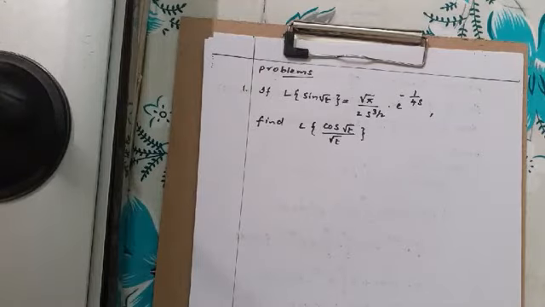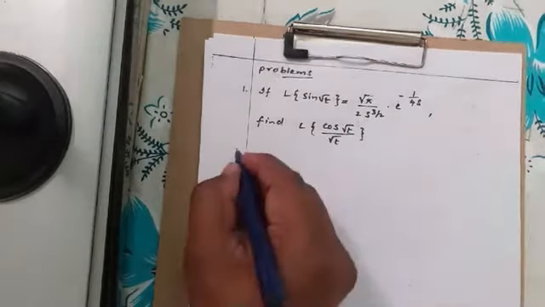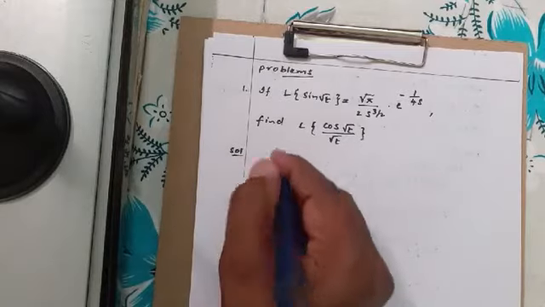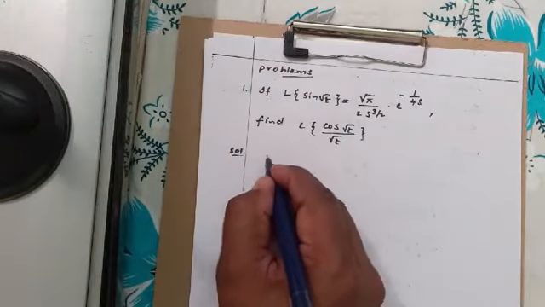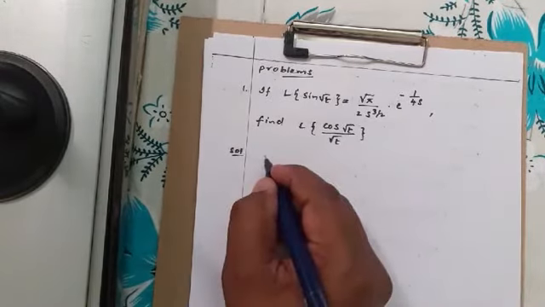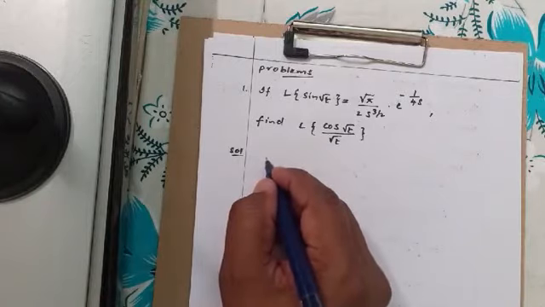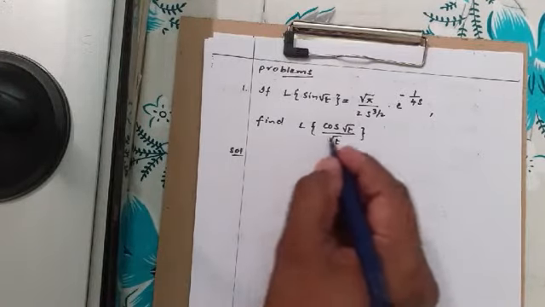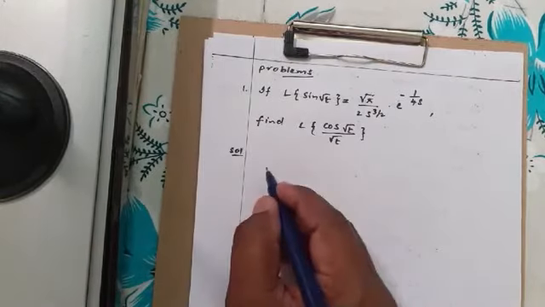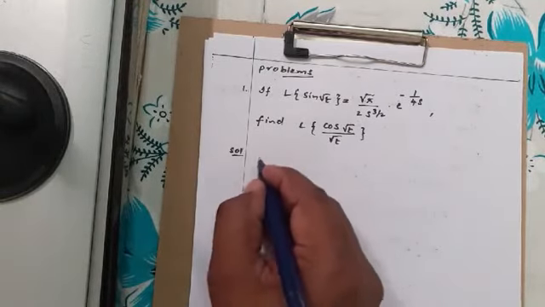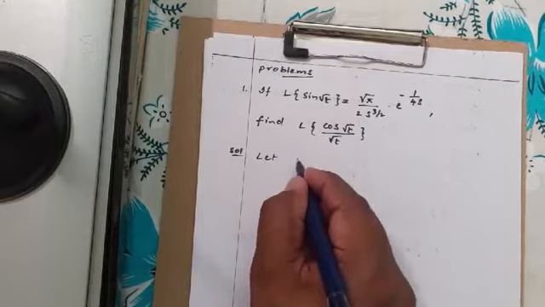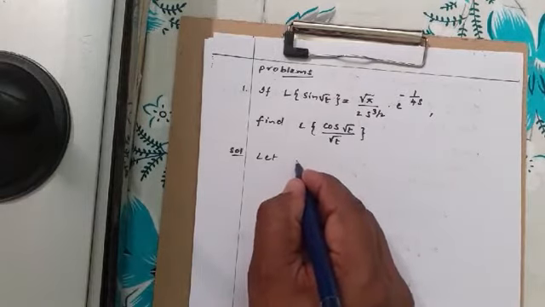In order to find this one, first we write in the solution: we have to find Laplace of f dash of t here. So for finding that, we take Laplace of f dash of t. Now first we write f of t.